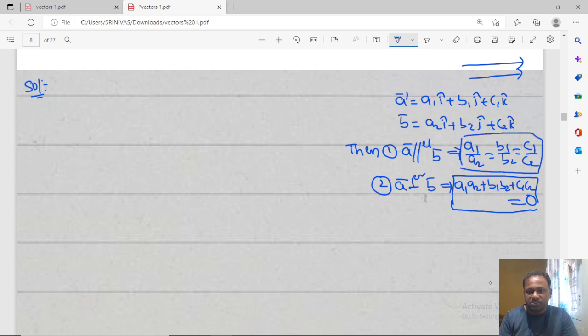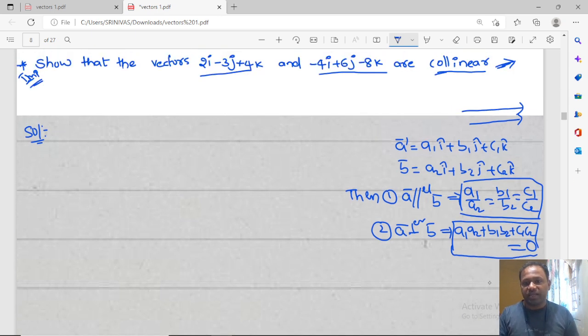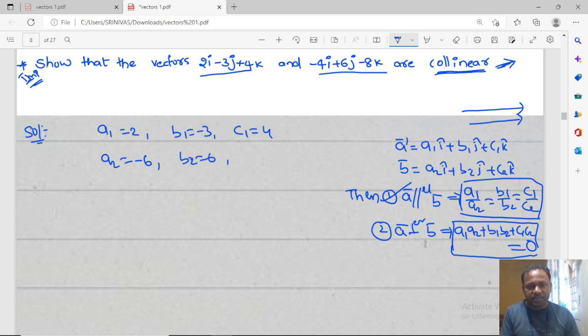Okay, most important. Now we need to show that they are collinear. Collinear means, first one, from this, a1 is equal to 2, b1 is equal to minus 3, c1 is equal to 4. Okay, so a2 is equal to minus 6, b2 is equal to 6, c2 is equal to minus 8.